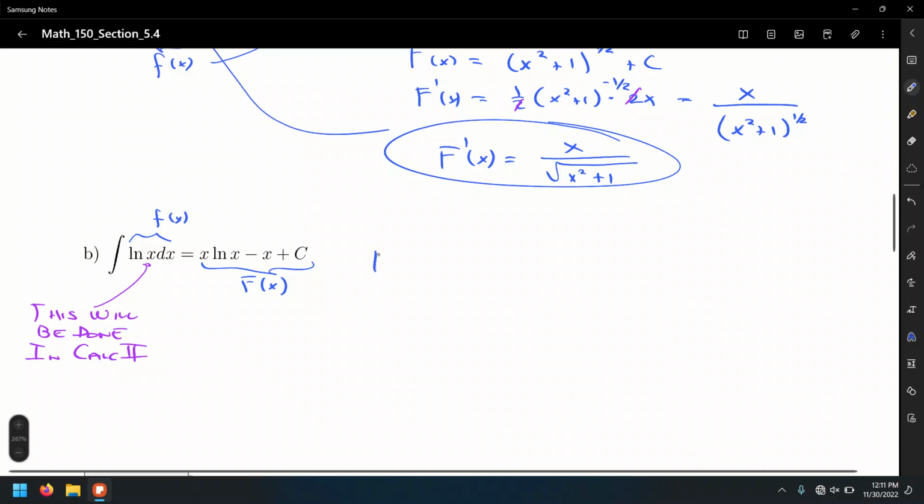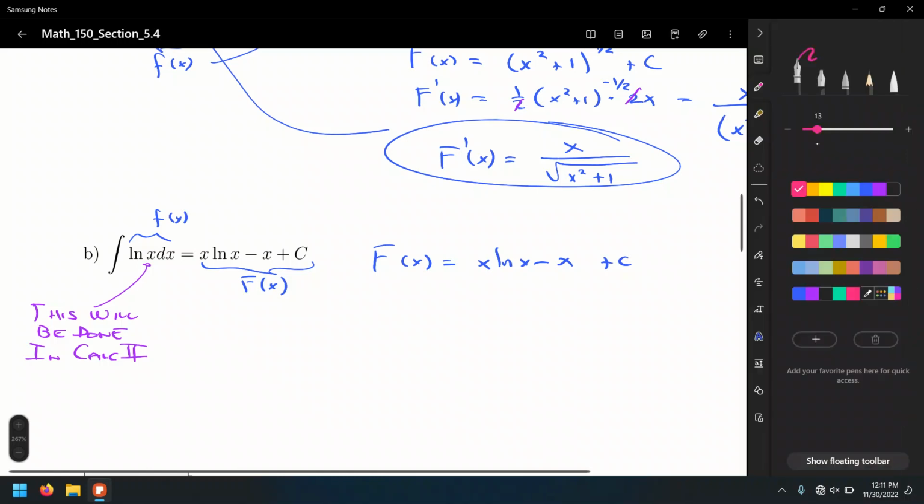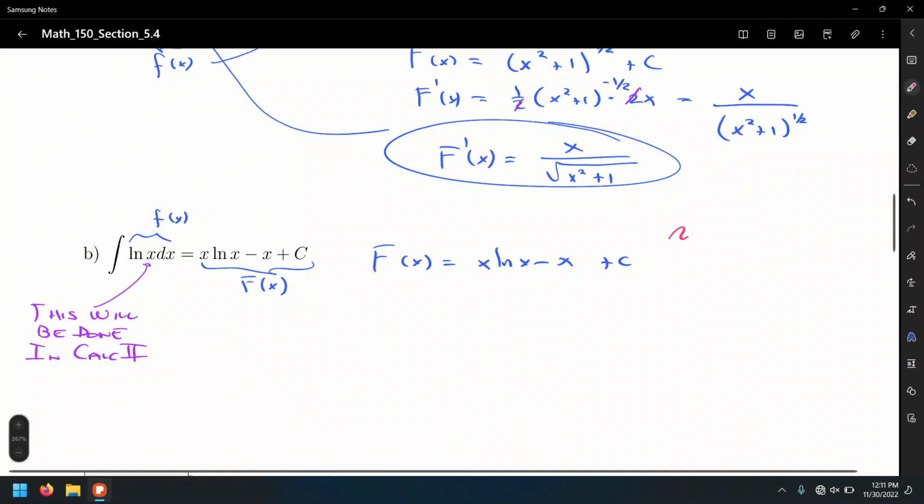So big F equals x ln x minus x plus c. Let's take the derivative. To take the derivative of this function, notice the product between x and ln x. We need the product rule, which it would be a good idea to recall. That is u times v prime plus u prime v. So that's the product rule.